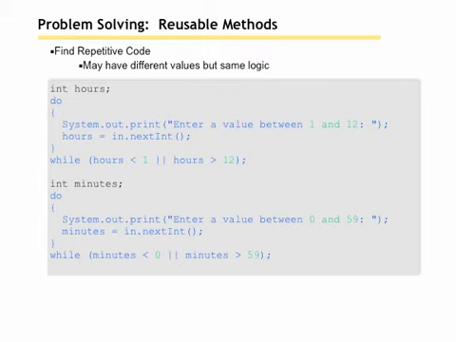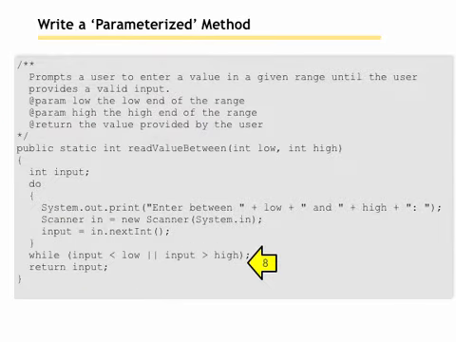That might be a good example of reusing code. Here, in this example, we're doing the same code for hours or minutes. We want to enter an hour between 1 and 12 or minutes between 0 and 59. It's the same basic idea, it's just different values. So for hours it would be 1 to 12, and for minutes it would be 0 to 59.